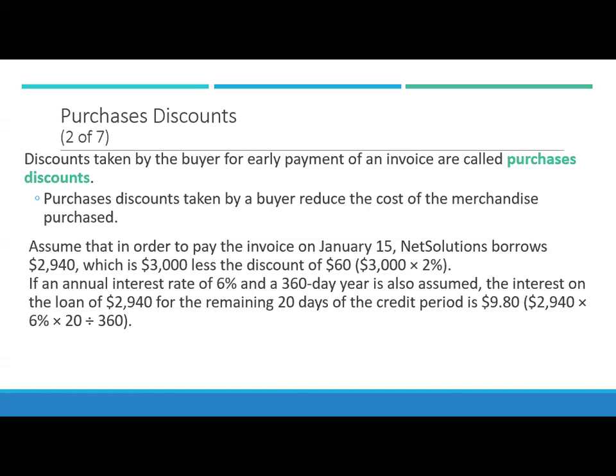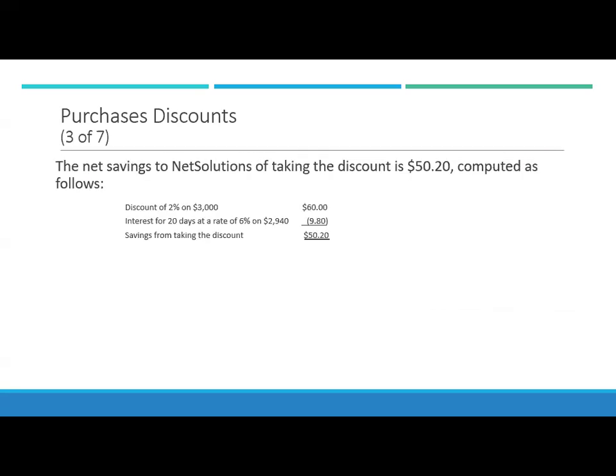So let's say they borrow money on day 10 and pay it back on day 30. They're paying 20 days of interest at 6%. 20 days of interest at a rate of 6% is only $9.80. So they essentially save $50.20.